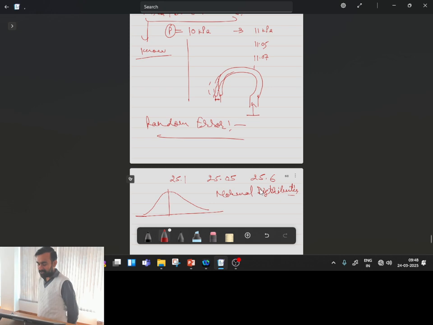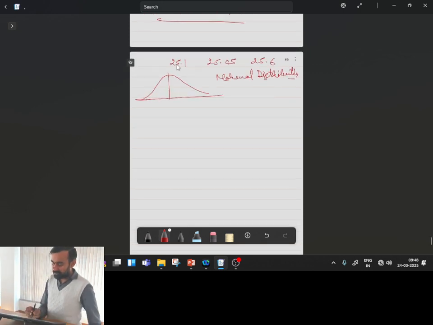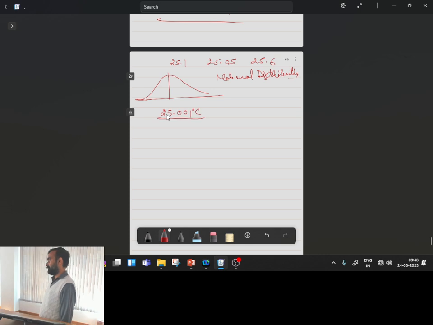For example, if I have recorded the data of temperature, I cannot say that my recorded value is 25.001 degrees Celsius.